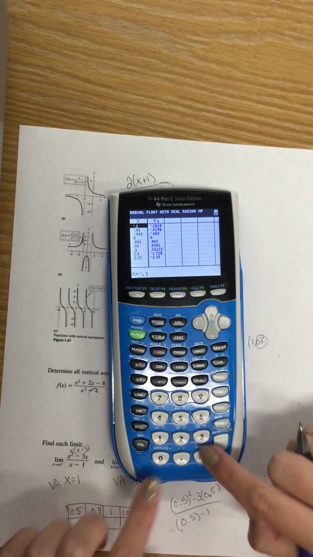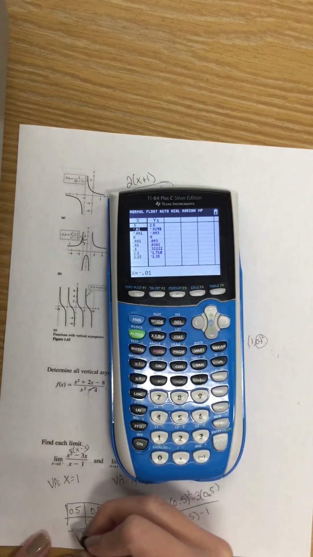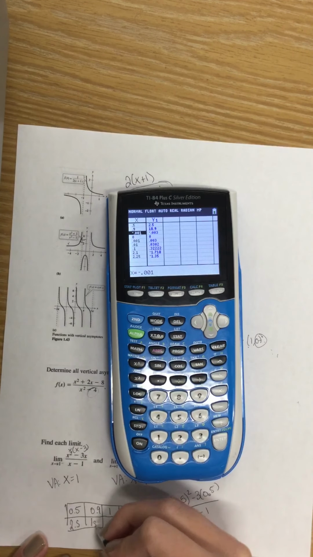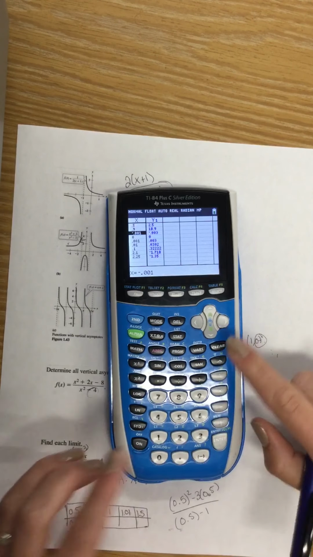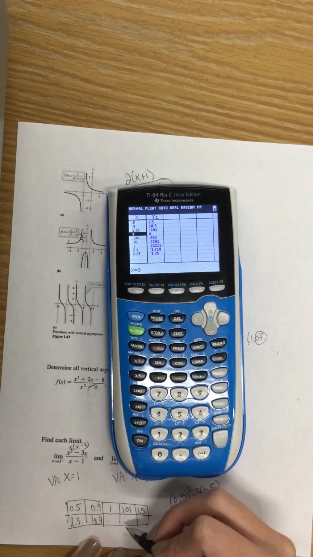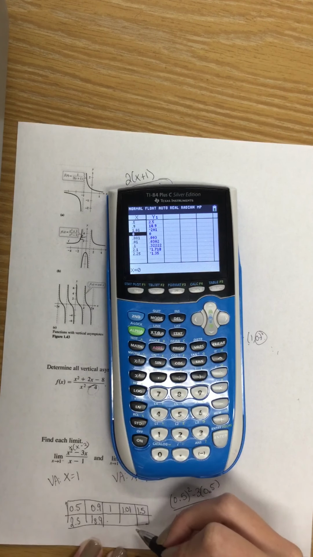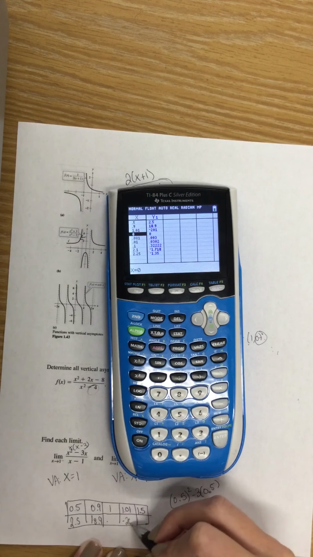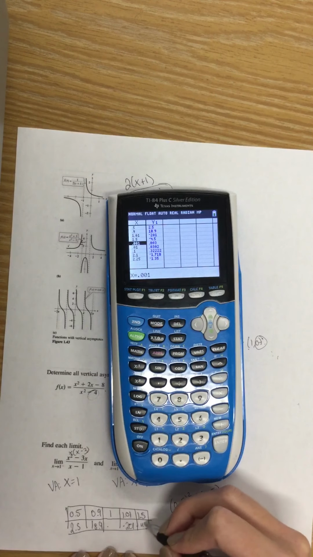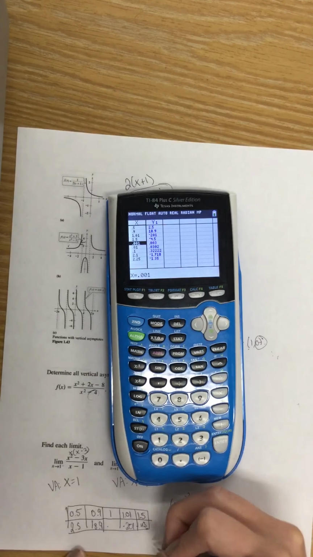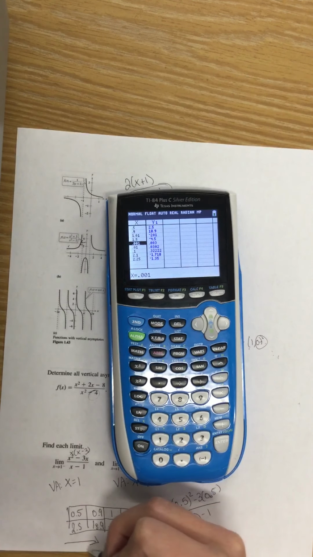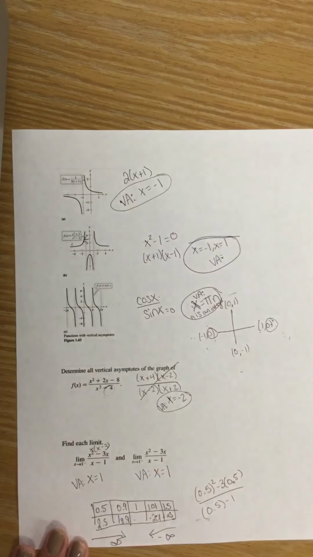Now I could plug in 0.5. What do I get? 2.5. What am I at 0.9? 18.9. And what about 1.01? I'm at negative 201. Wow. And at 1.5, I am at negative 4.5. So what do you think? As we're coming this way, we're going down towards negative infinity, and as we're going this way, we're coming up towards positive infinity.